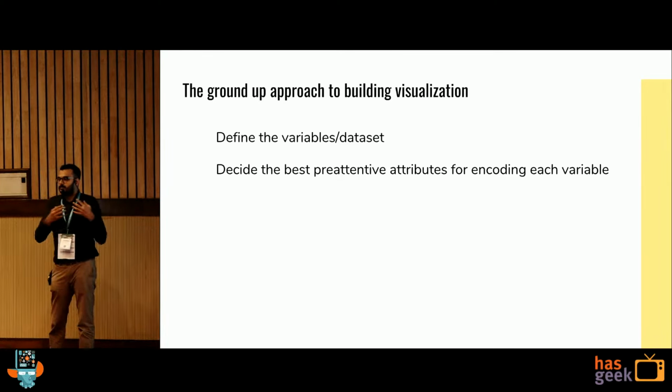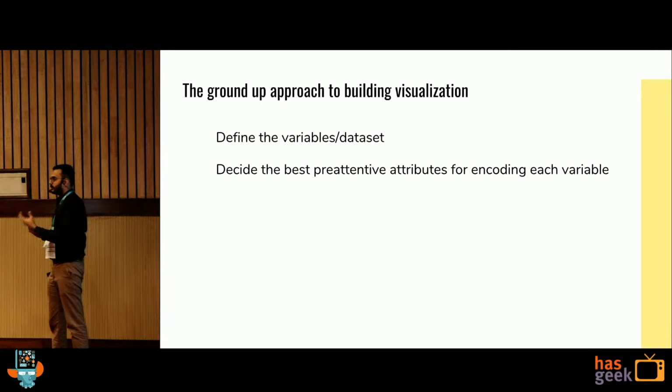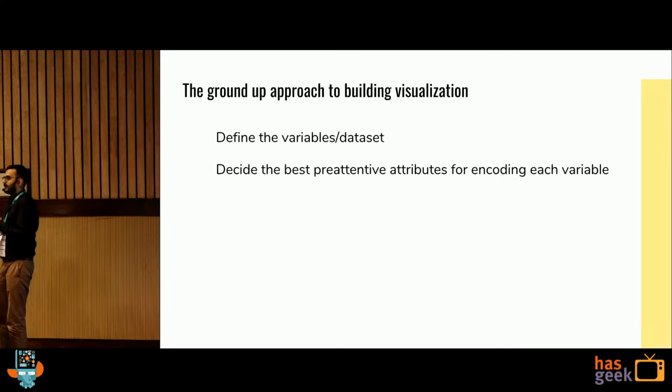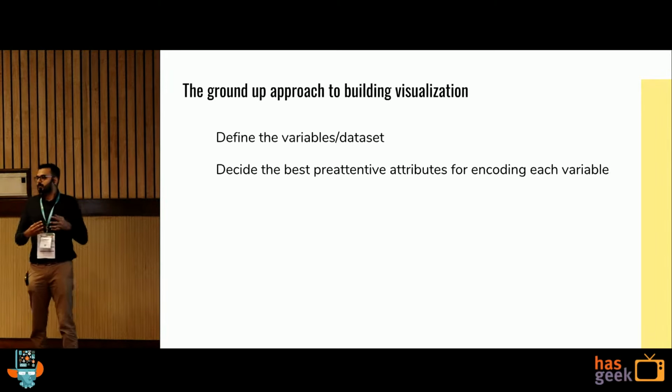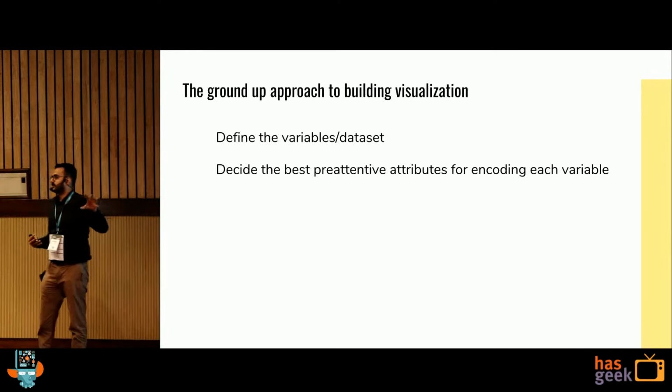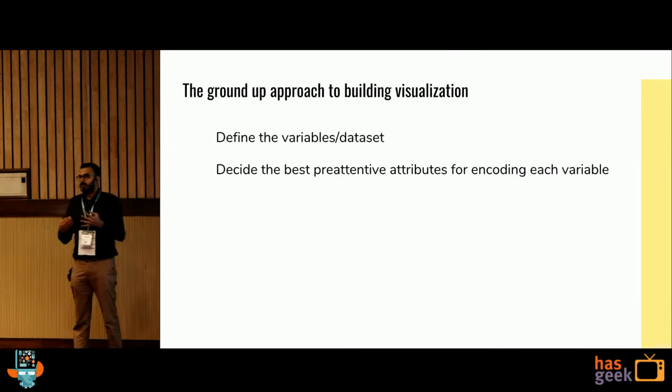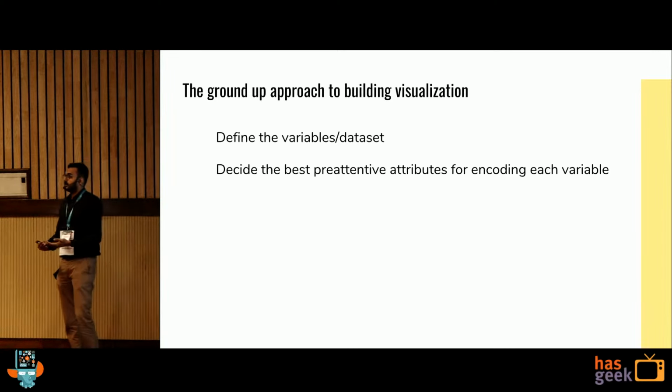Everything that you talk about, like shape or length or width or collinearity, forms some sort of subcategory of each of these. If you look at color, there are further subcategories of color like hue, saturation, lighting.